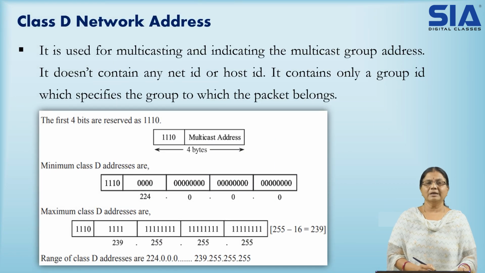Then coming to class D, it is used for multicasting and indicates the multicast group address. It doesn't contain any net ID or host ID.